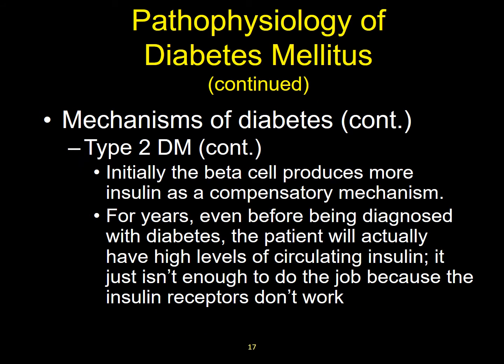So think about what's happening here. If somebody is obese, they're going to accumulate excess stores of fat inside the cell as well as outside the cell. And if you accumulate too much fat inside the cell, it stretches out the cell. It distends it. And when the cell gets distended, it distorts the cell membrane because the cell membrane is just made of fat.